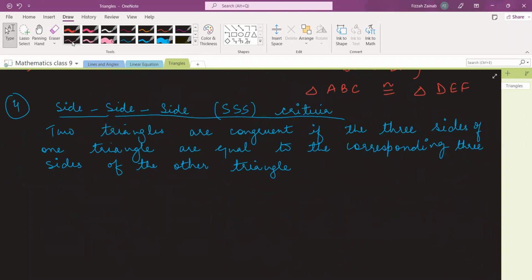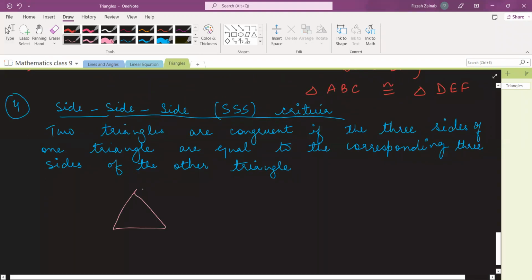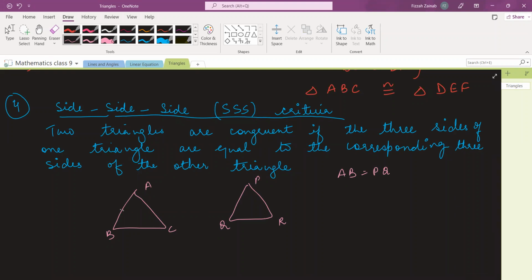So if I have two triangles, ABC and another triangle PQR, and AB is equal to PQ. Now, when I put a dash here, look here. If I put a single dash, that means this side is actually equal to this side, right? And a double dash means this side is equal to this side. The sides which have a double dash are equal, and the sides which have a single dash are equal. I cannot say that AB is equal to QR. Is this understood? Yes, ma'am.